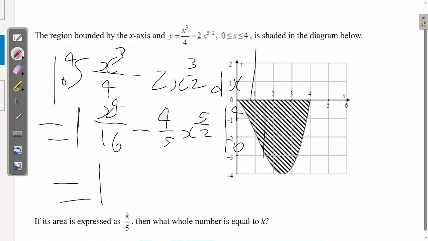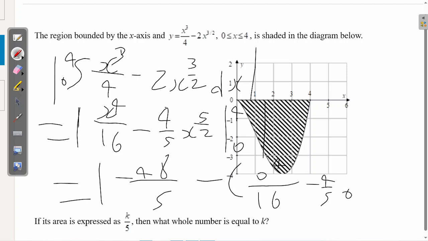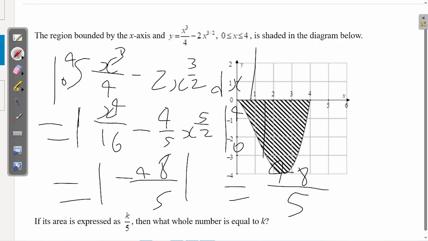Look at the absolute value: negative 48 over 5 minus 0 to the power 4 over 16 minus 4 over 5 times 0 to the power 5 over 2, and this whole thing will be 0. So it will be the absolute value of negative 48 over 5, equal to 48 over 5.